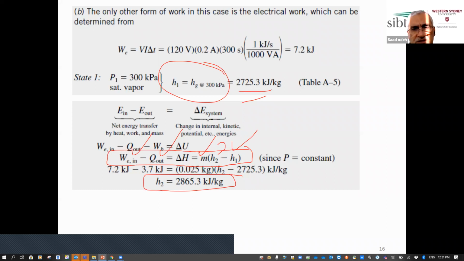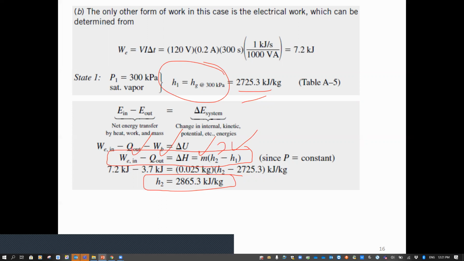You need to go to the tables, and it's quite hard to understand this without going to the tables yourself and finding the values. So please practice this yourself after the class. Remember, the quiz for tomorrow requires tables, so please practice. You need to know how to use the tables, especially the saturated steam tables.